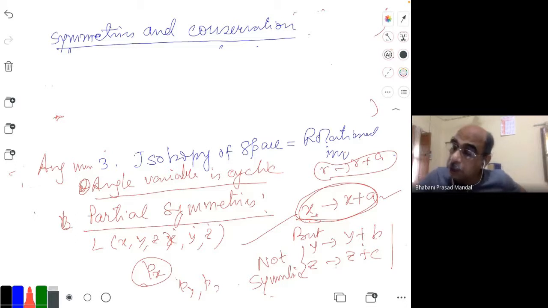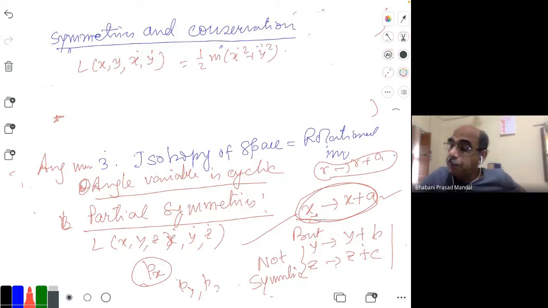Okay, suppose a Lagrangian of x and y, and x dot, y dot, just for simplicity: a half m, x dot square plus y dot square, minus a half k y square. You can see this Lagrangian is invariant under x going to x plus a, because there is no x term.